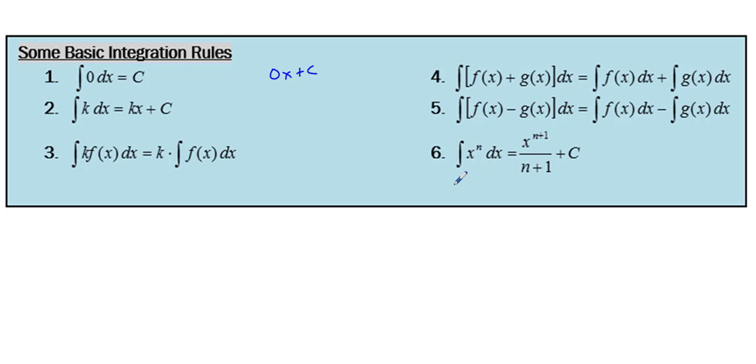And this is what you guys came up with. It's written weird though, because they put that divide by that new power underneath the x instead of 1 over it or the constant over that new power. But this is what you were using.